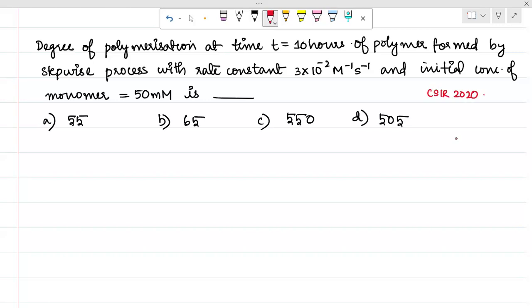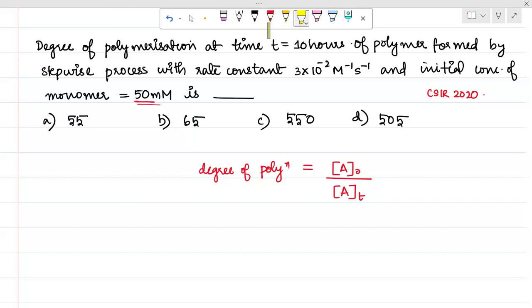So how to start? Already you know that the degree of polymerization is equal to the initial concentration of the monomer divided by the final concentration. But you know only the initial concentration, it is given in the question. So how to find the final concentration?